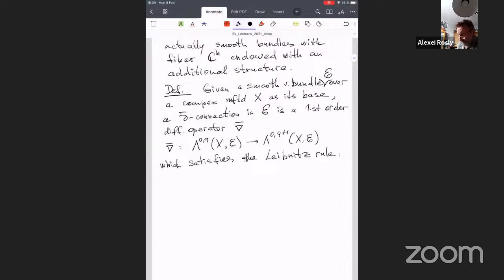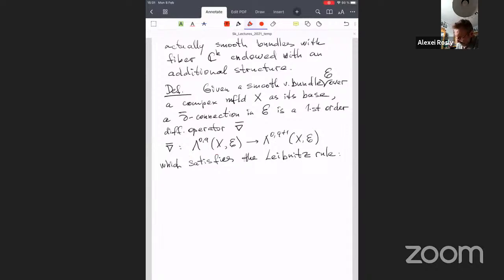Does everybody clearly understand what this symbol means? 0,q forms with coefficients in a smooth bundle. These are smooth objects. This is an infinite dimensional space of globally defined 0,q forms times the bundle. Okay, if nobody asks a question, I suppose that it is clear.